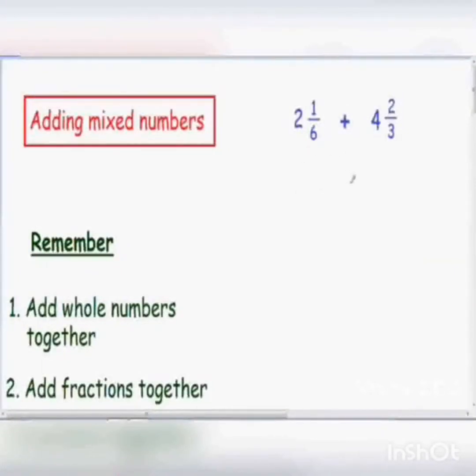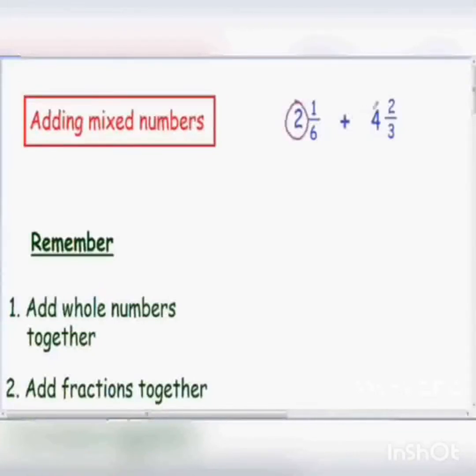Now let's look at addition of mixed numbers. When doing addition of mixed numbers using this method, we can start with the whole numbers first and then the proper fraction.